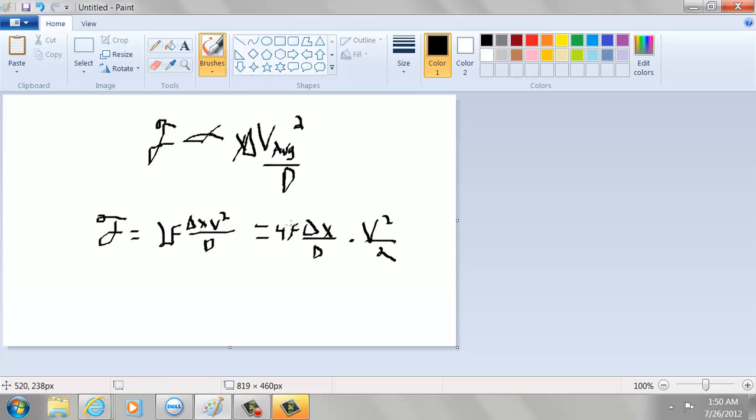You can solve for F here. If you solve for F, you get that fancy F divided by 4, delta x over d.